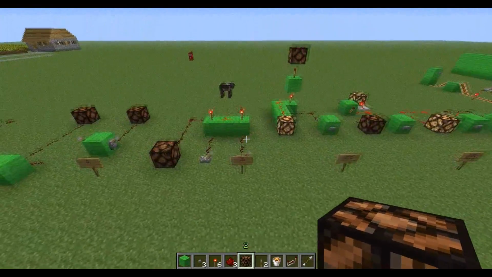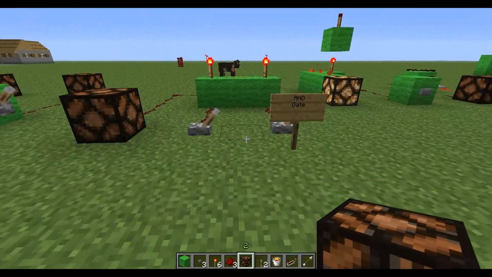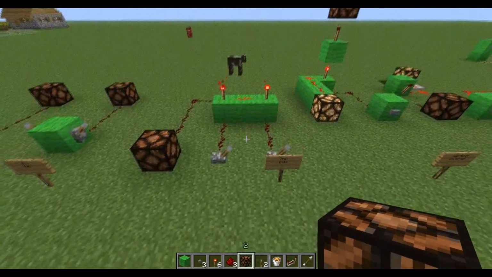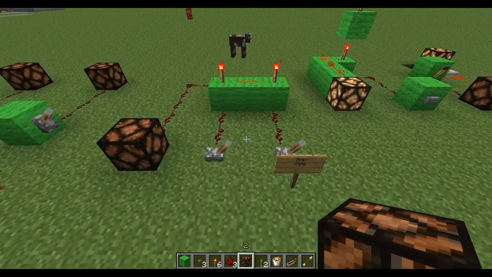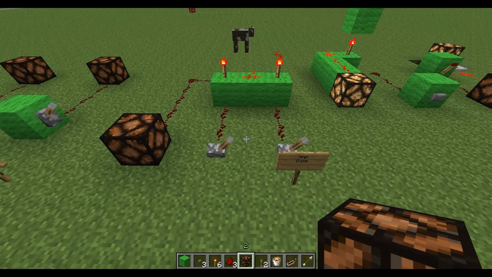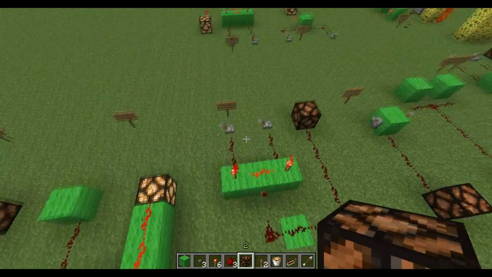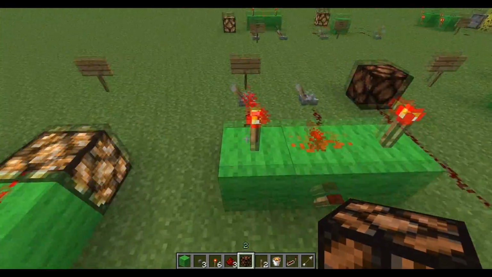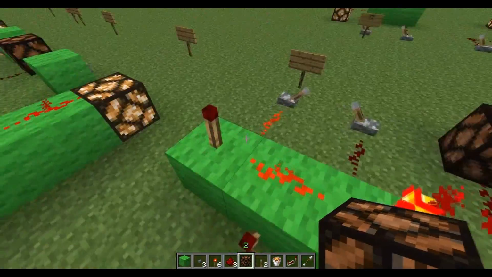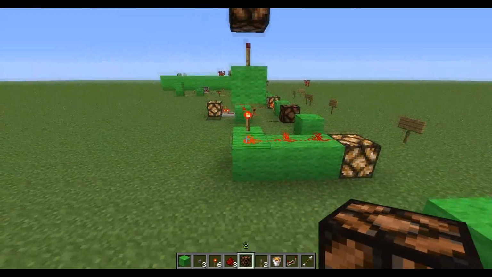Okay. Next one is an AND gate. These are very simple. Basically you have two inputs, they both have to be on for the output to be on. So at the moment neither of them are on, the output is off. If we turn one of the inputs on, it inverts this one as we saw there.